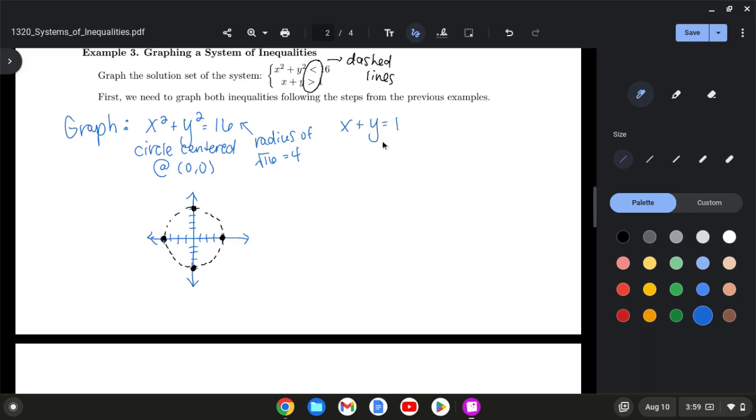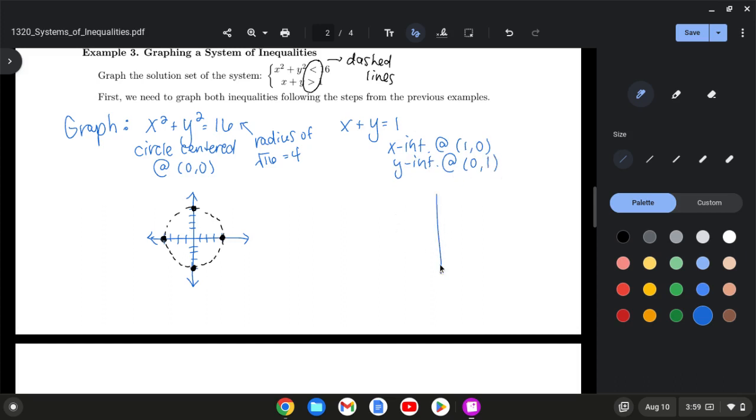So in this case, remember to find our intercepts. To find the x-intercept, let y equal 0. And so in that case, you're going to have an x-intercept at 1, 0. And to find the y-intercept, you're going to let x equal 0. So in that case, you're going to have a y-intercept at 0, 1.